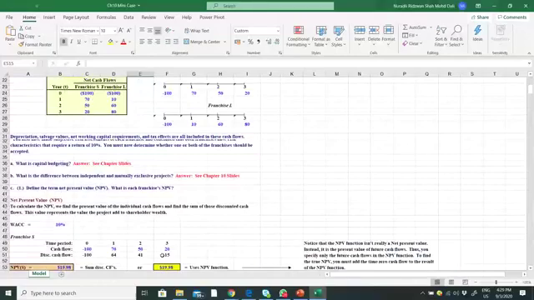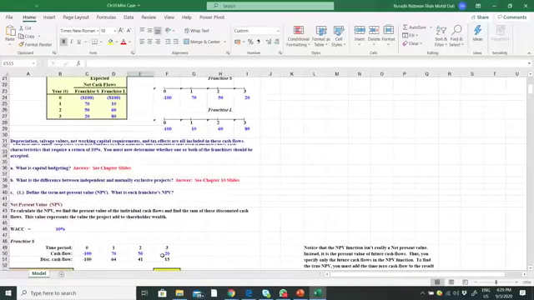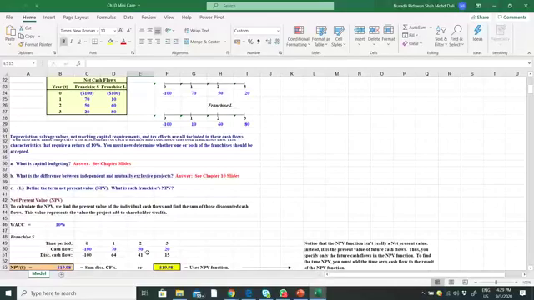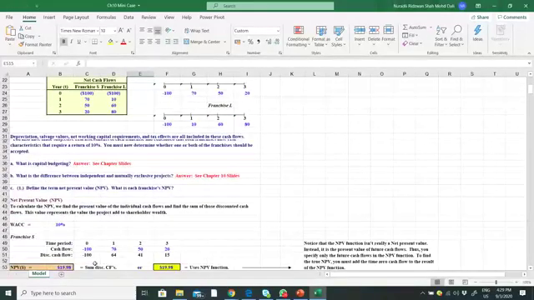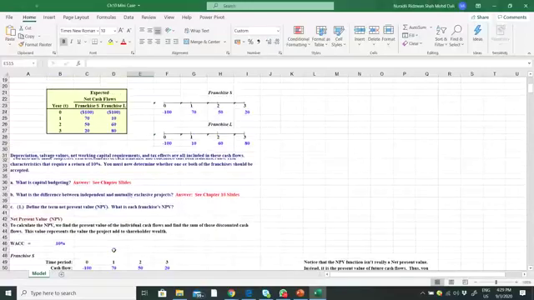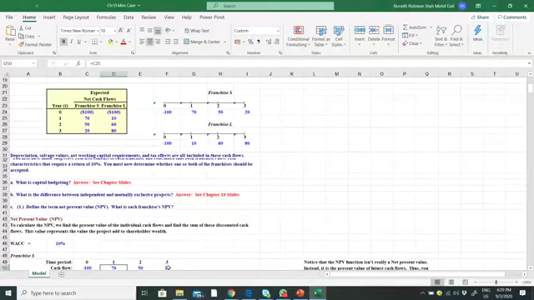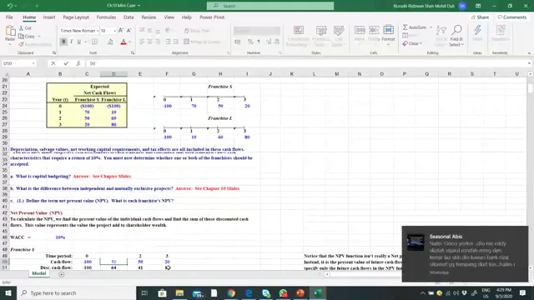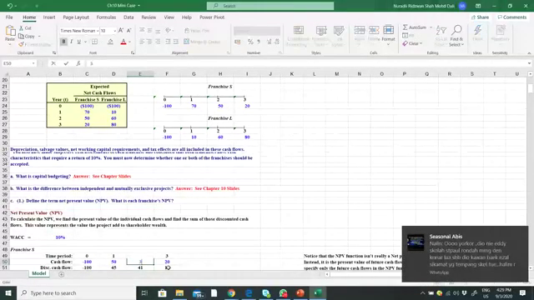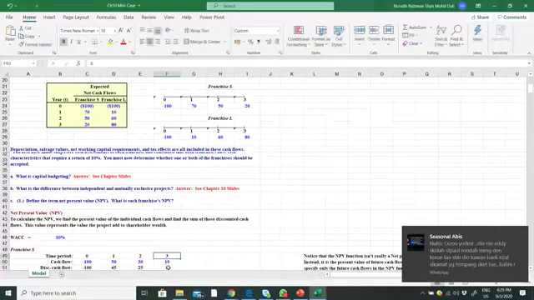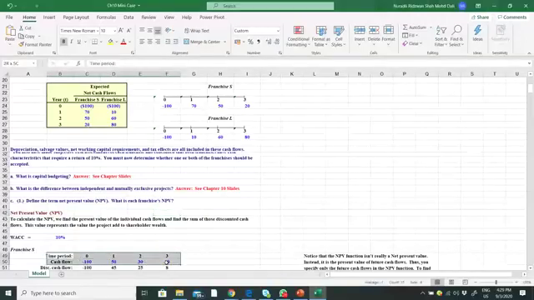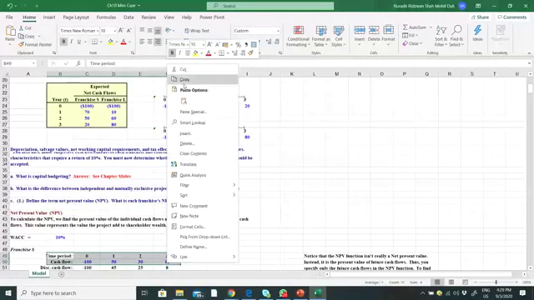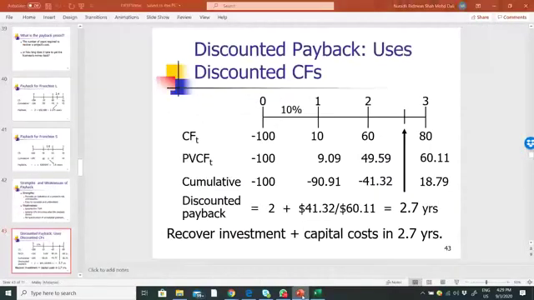I want you to do this. This is your cash flow. But at this time, I'm going to change this to be 50, this is 30 and 10. Can you calculate the net present value for this question?